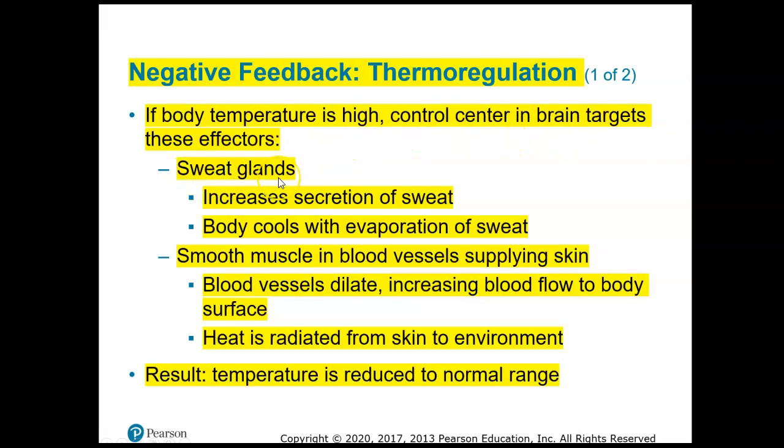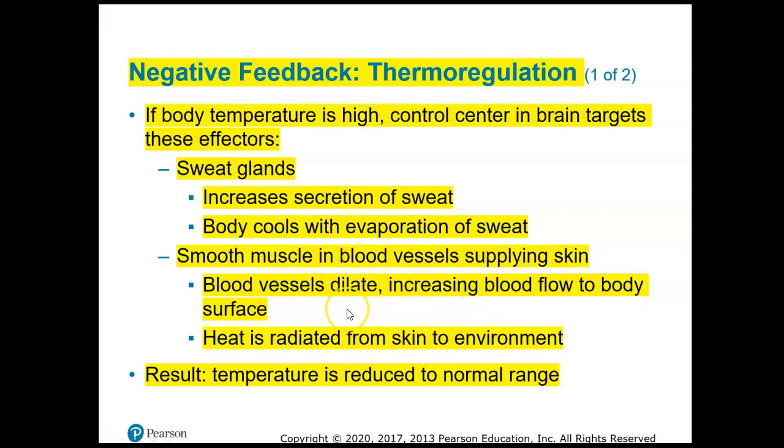The effectors are going to be the sweat glands, smooth muscle in the blood vessels. The activity of the sweat glands are going to increase, and as you sweat and the sweat evaporates, the body will cool. The blood vessels, the smooth muscle in our blood vessels that supply our skin are going to relax, and the blood vessels are going to dilate.